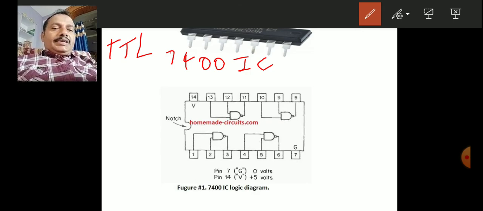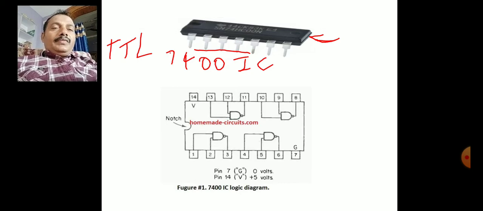Left side 7 pins, and the other side, the right side, 7 pins. And always we have to number from the notch. Here if you observe, here is the notch.